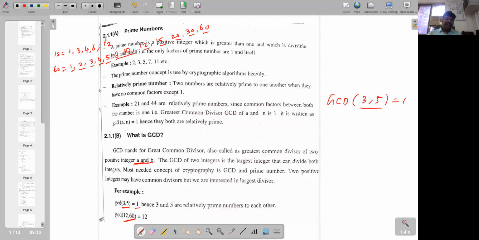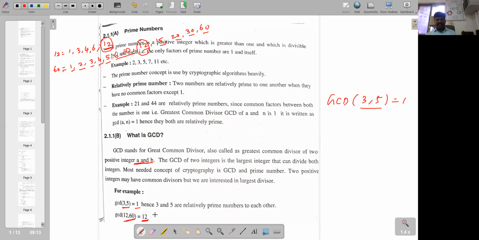So you just identify the common factors for 12 and 60, which is 12. So the GCD between 12 and 60 is equal to 12.